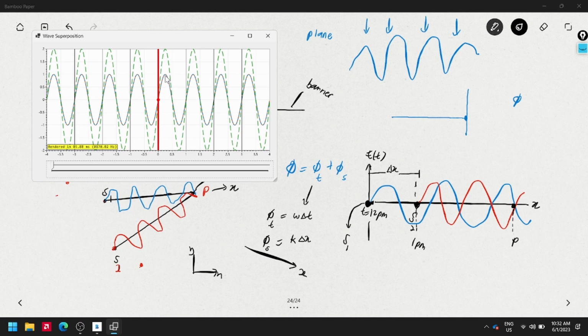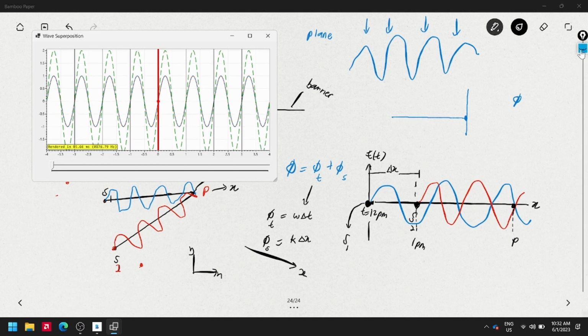So the maximum plus the maximum. The line here is 0. The amplitude of the blue curve plus the amplitude of my orange curve will double. That's why the resultant wave maximum is over here.